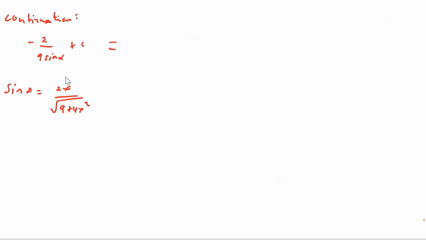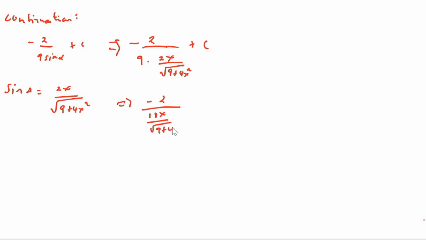Now, this is equivalent to replacing the meaning of sine alpha. So I can write now negative 2 over 9 times 2x over the square root of 9 plus 4x squared and then plus a constant. So by simplifying further, I can write first as negative 2 over 18x over the square root of 9 plus 4x squared plus a constant.